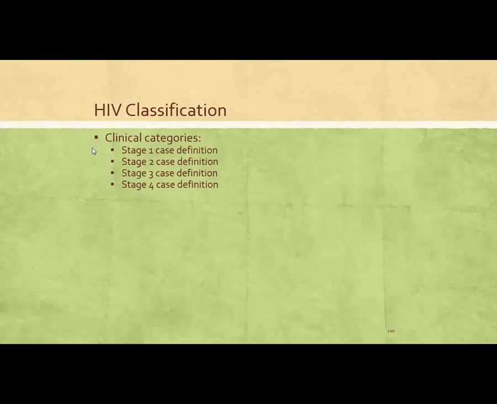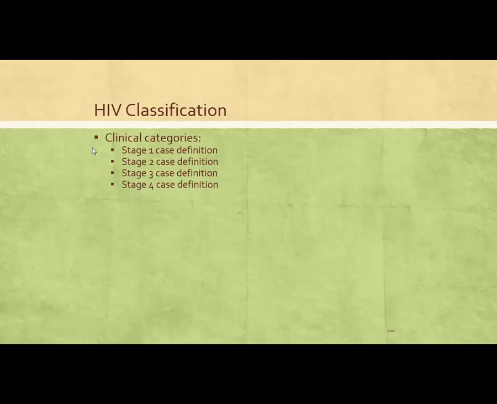Stage 3 then is a CD4 T cell count less than 200 with HIV defining illnesses. So things like tuberculosis, repeat pneumonia, Kaposi sarcoma, candidiasis.